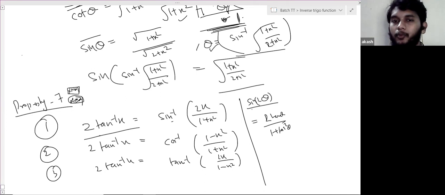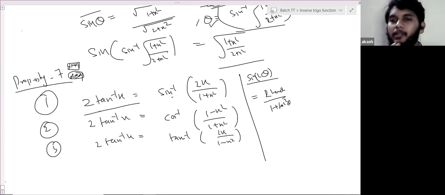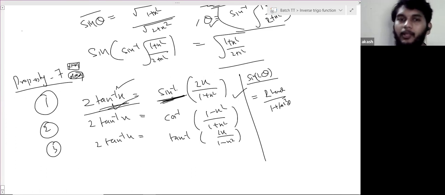If somebody asks you to prove, then put the value. Whenever somebody asks to prove this kind of question, that 2 tan inverse x is equal to this, then always look at the left side. We have two sides, LHS and RHS, right, Aman?